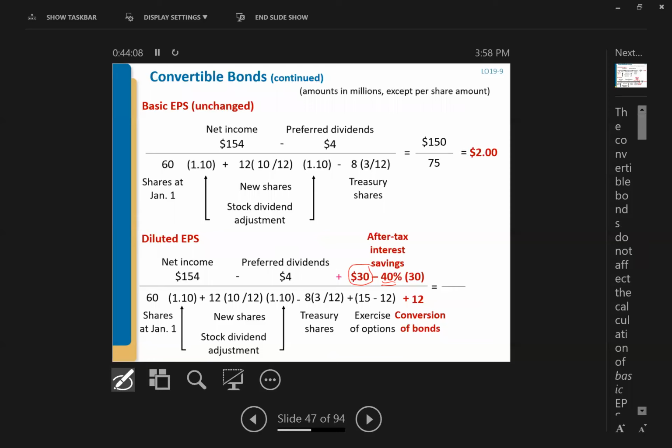So 40% times the 30, so 12, so this ends up being 18. That we're going to add. So 150 plus 18. Yeah, that's that number. Easy enough?